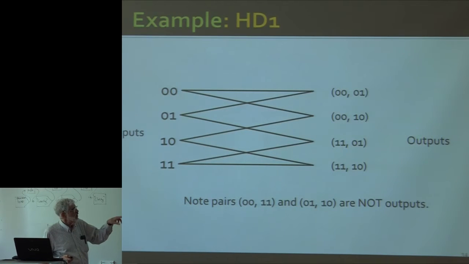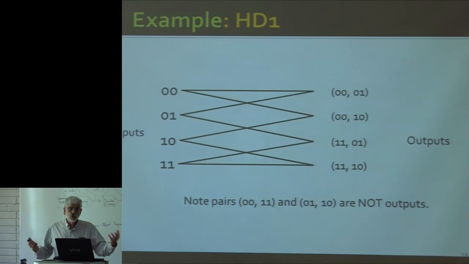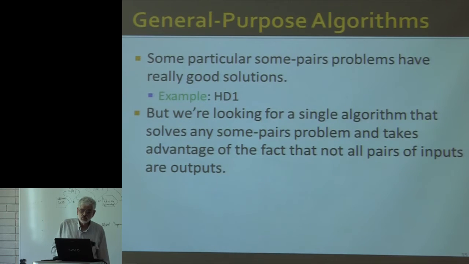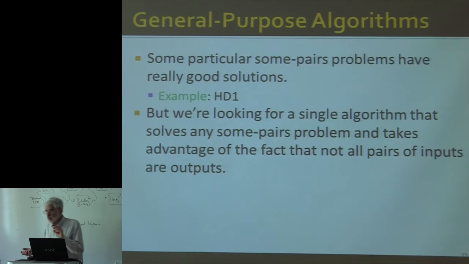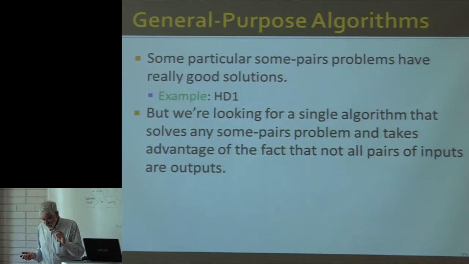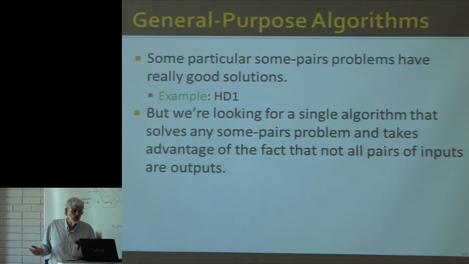The only ones you don't get are the ones at the corners of the square. 0,0 is distance 2 from 1,1, and 0,1 is distance 2 from 1,0. So they're not outputs. This is why it's a sum pairs problem. Now, as I said, there are algorithms that match the lower bound that I gave you for a wide variety of values of q.